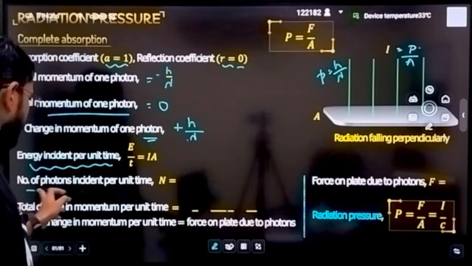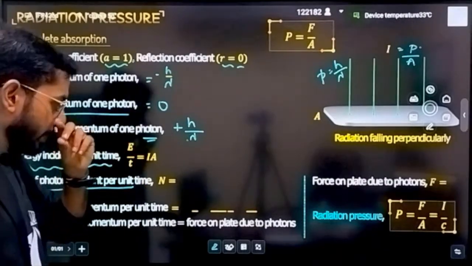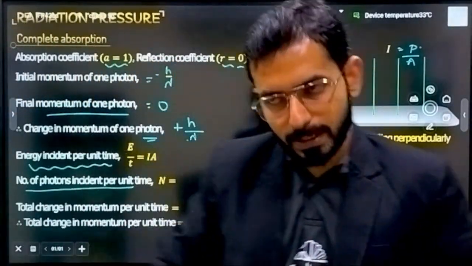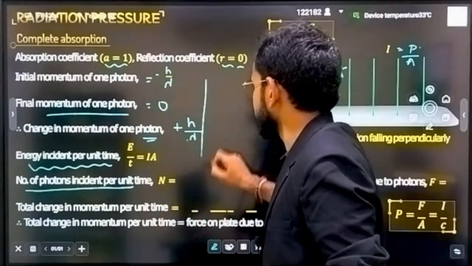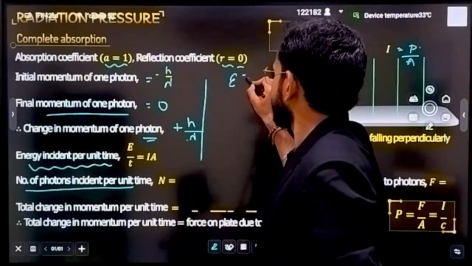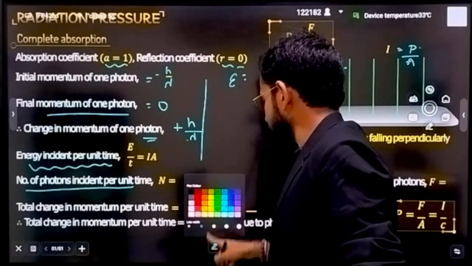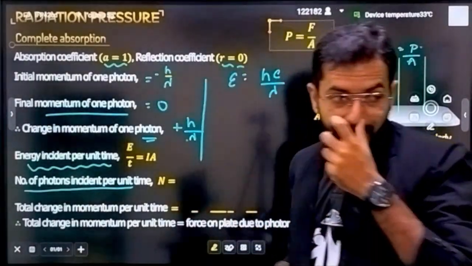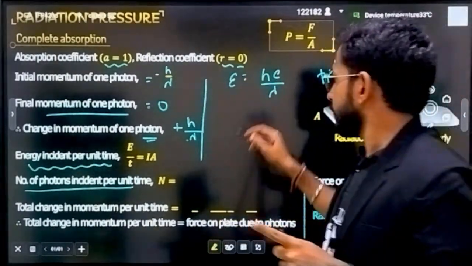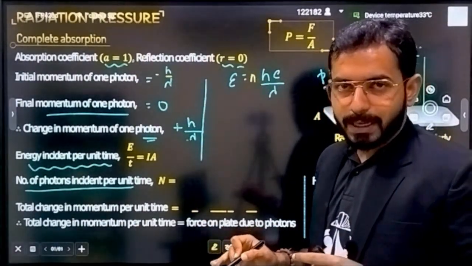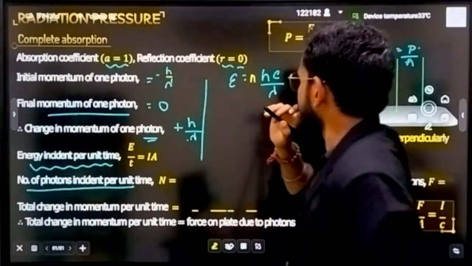Now the important one is the number of photons incident per unit time. In the beginning I told you how to write this. Let's understand again. What can you write for energy? You can write it as hc by lambda. But this is the energy for one photon. If I ask you for n number of photons, you will write it as n times that.